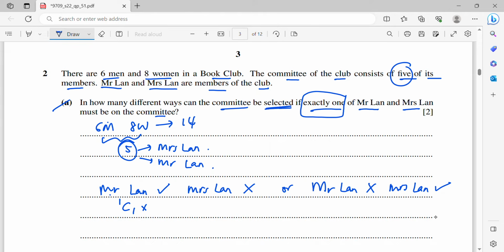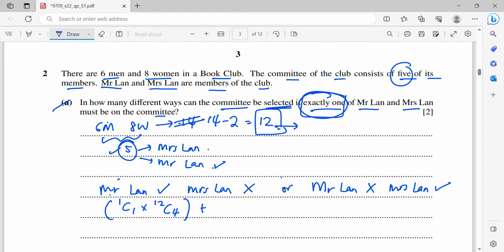From here, you cannot say 14 minus 1, because when you have selected Mr. Lan, make sure you don't select Mrs. Lan, because it's mentioned exactly 1. So instead of 14, you have to minus 2, becomes remaining 12. So now Mrs. Lan is not selected, it means that in order to get 5 members, I need to choose another 4 from the 12. Therefore 12 choose 4. All is plus.